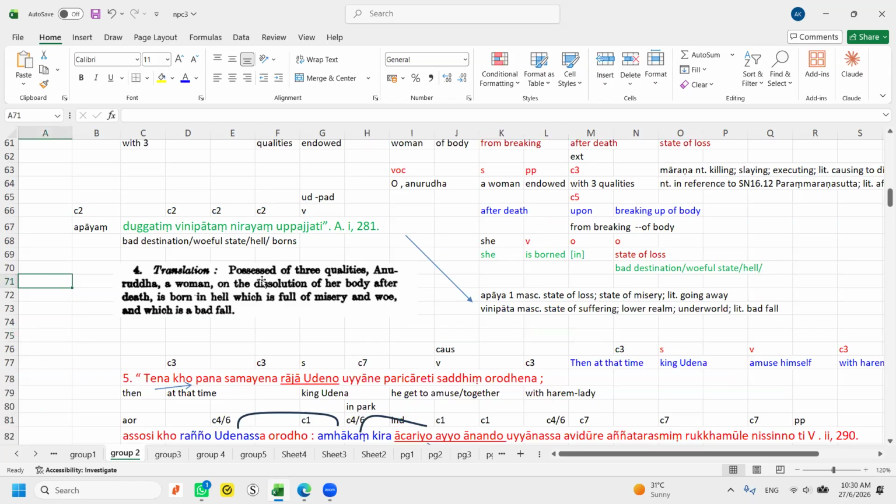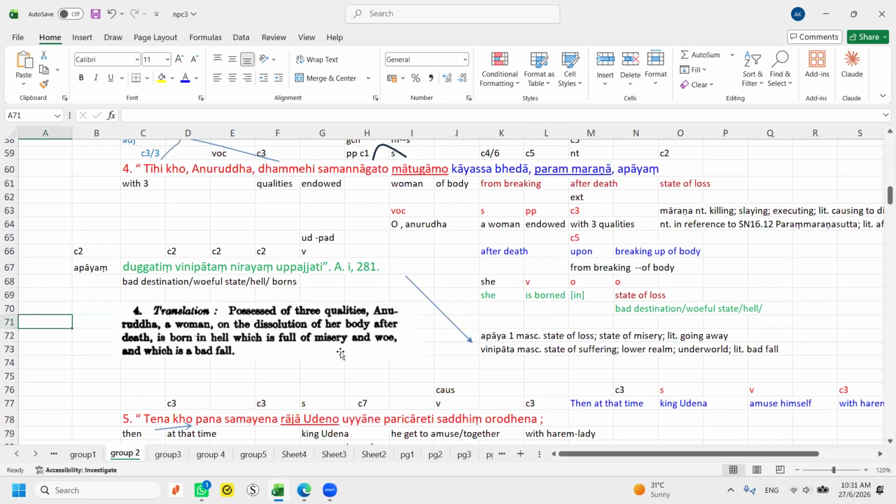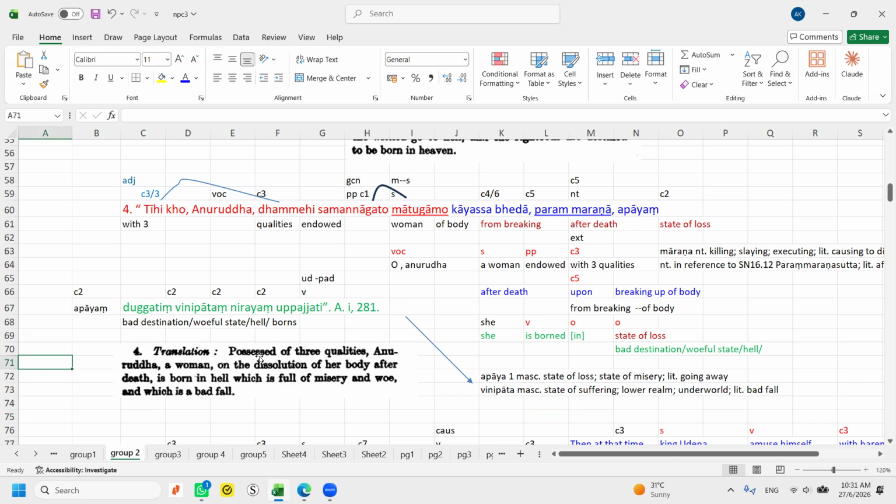If you look at the translation, possessed of three qualities. You take this one, possess; of is definitely a genitive case, of three qualities, no problem.